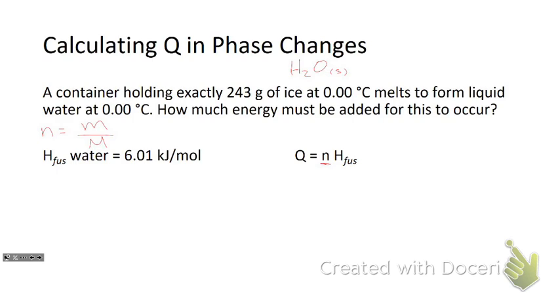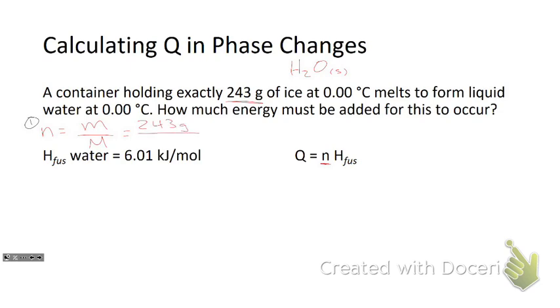Okay, so the first step that we need to do here is find how many moles we have, right? Because we are not using masses. The formula is Q is equal to number of moles multiplied by the heat of fusion. So number 1, we need to find moles. The mass of our sample is what's going to be in the question. In this case, we have 243 grams.